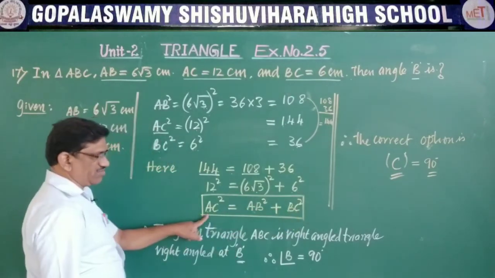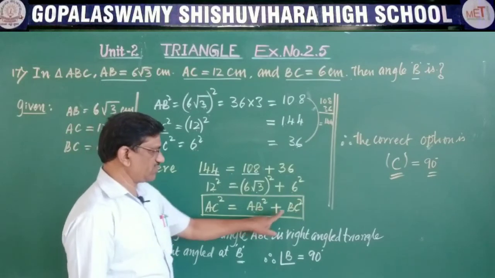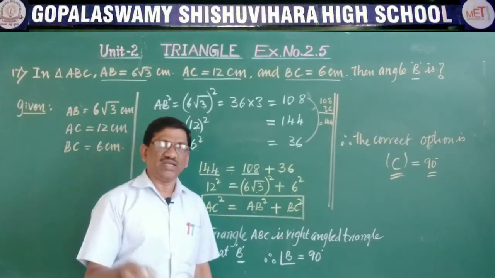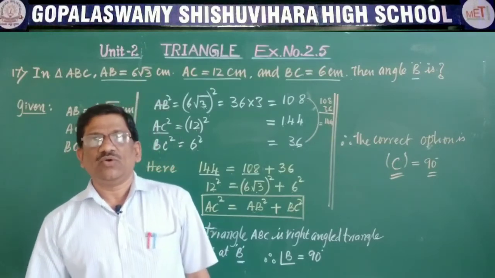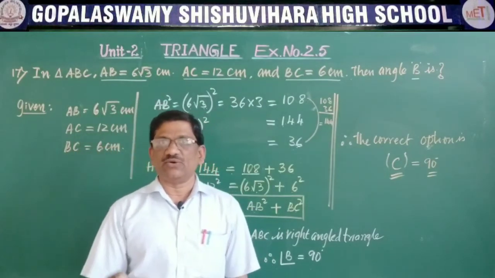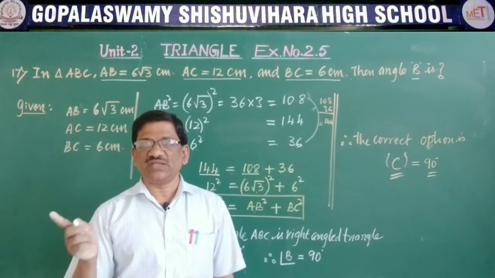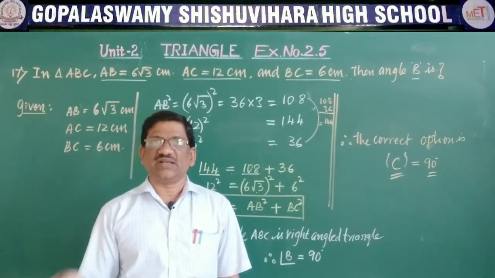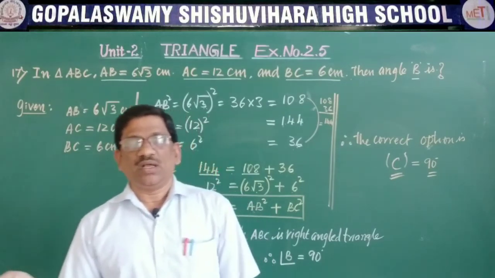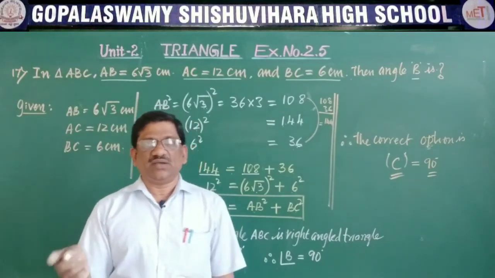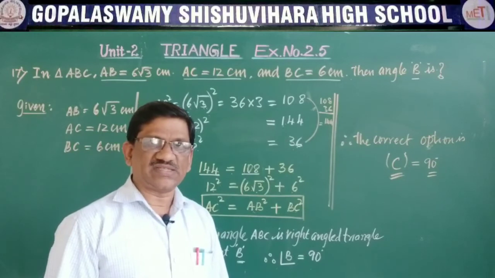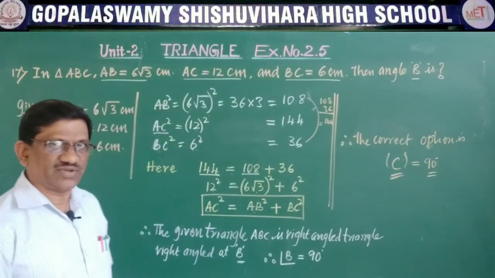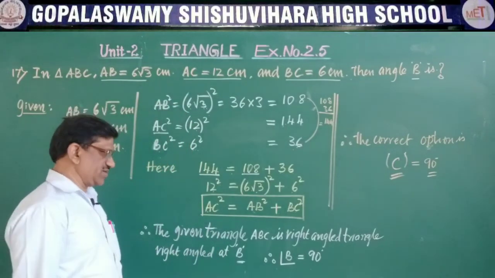The square on the hypotenuse is equal to the sum of the squares of the other two sides. Or in the converse of that, if the square on one side is equal to the sum of the squares of the other two sides, then the angle opposite to that side is a right angle. It is the converse of Pythagoras theorem.